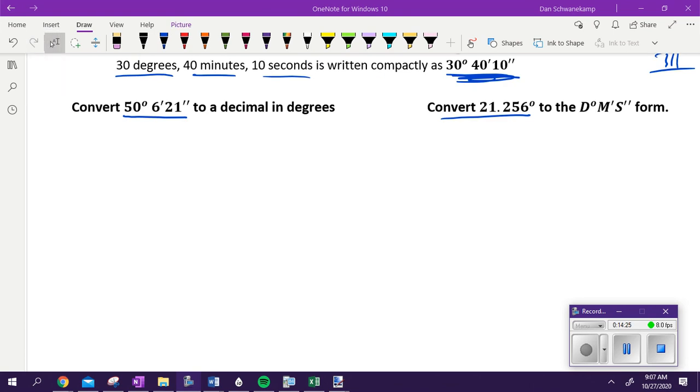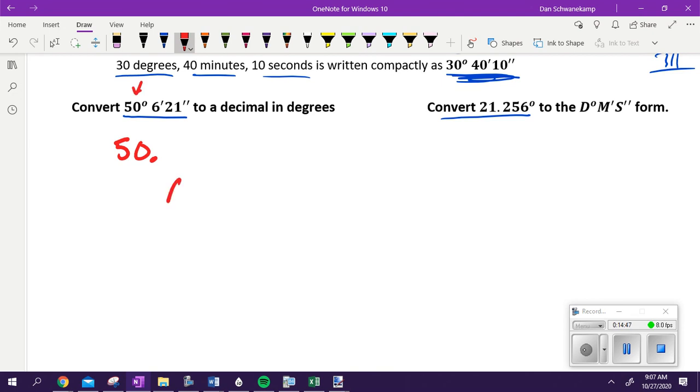We are converting 50 degrees, 6 minutes, and 21 seconds to degrees as a decimal. Somebody want to talk me through what you did? What do you got for me? So I started with just 50 and the decimal point. So 50 dot, because we know that that is a full degree. So 50 degrees. And then what?